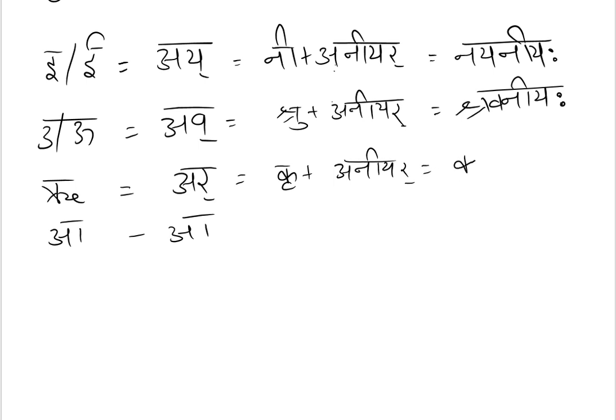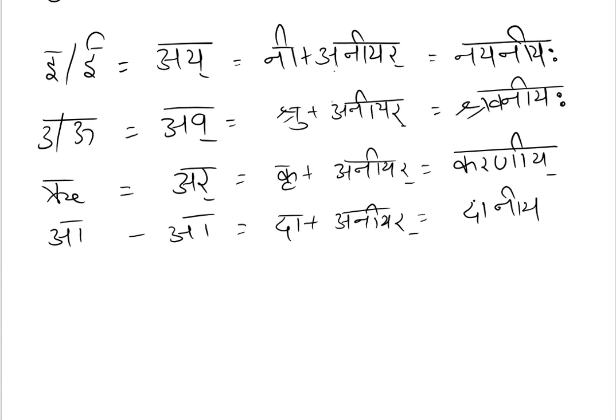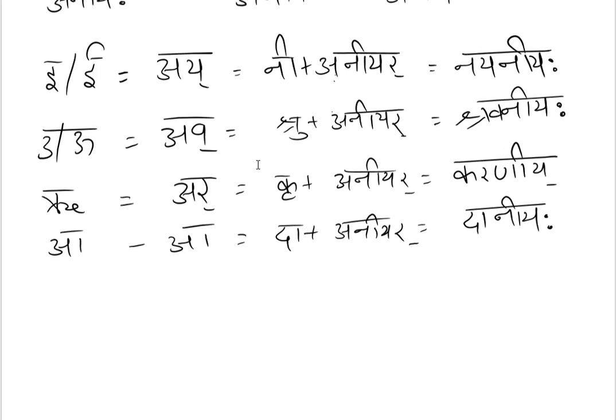So that will become karaniya. If ra or sha letter is there anywhere in the word, na will change into na. If a is there, like da plus aniyar, that will become daniyah. So these rules we are using in the Aniyar Pratyaya also.